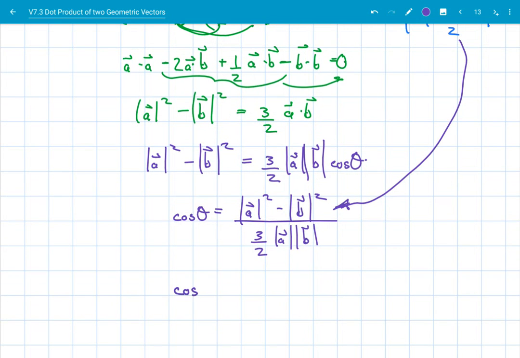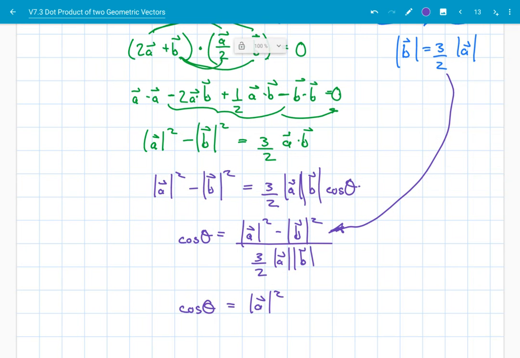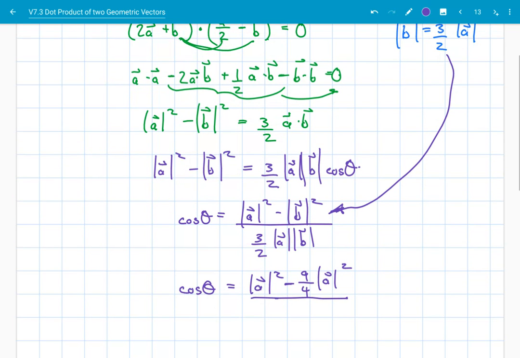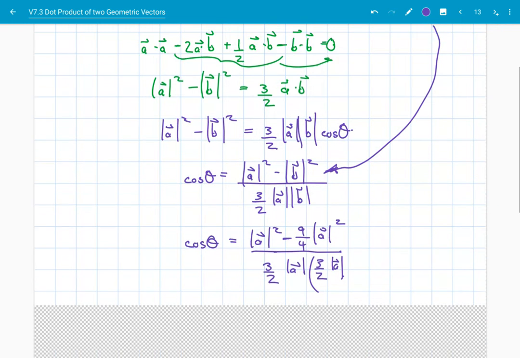So cos theta, magnitude of a squared minus, okay, 3/2 squared is 9/4, magnitude a squared. So that's magnitude of b squared. Over 3/2 magnitude a, and then 3/2 magnitude a. Okay, so that replaces the b.